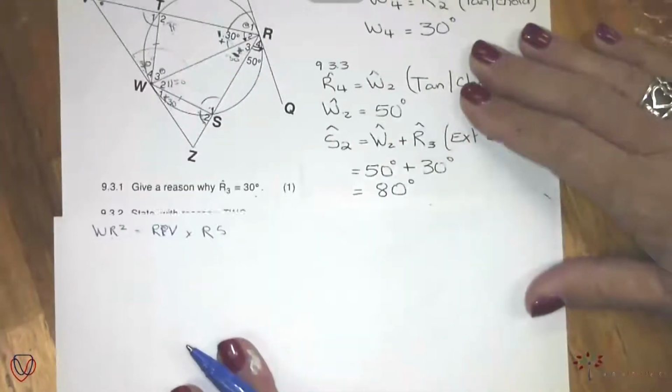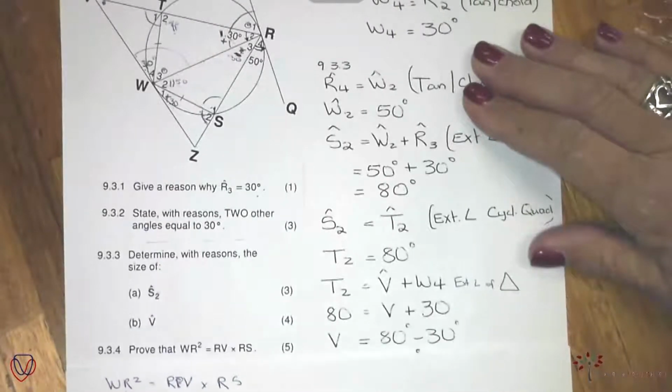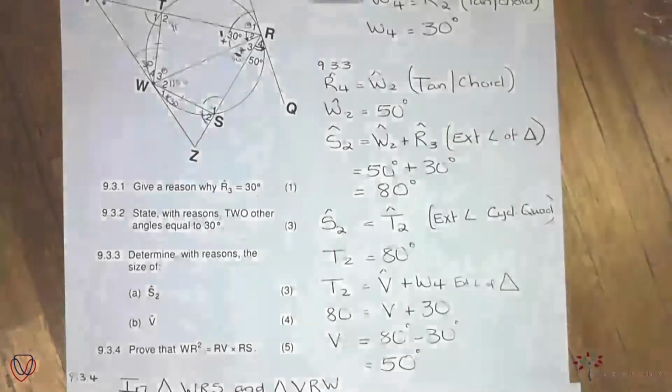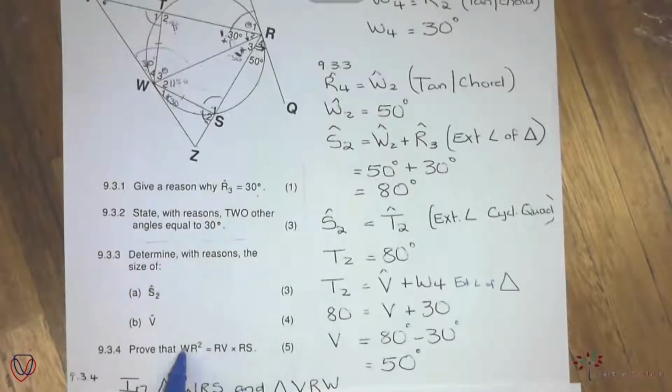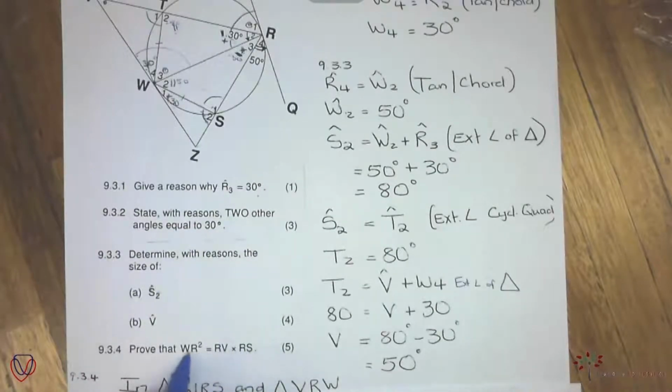Which triangle do you think we should choose there? In the end, I chose WRS and WRV. Can you see? It's easier sometimes to go back to the question and see whether you can use the symbols in that question. WRV, WRS.